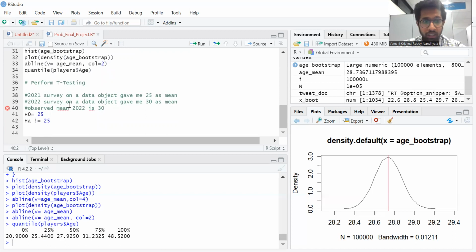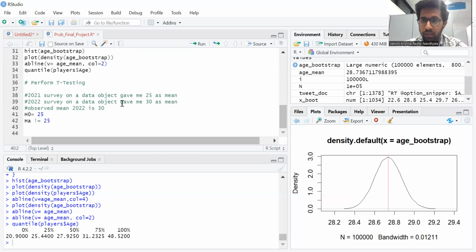If we reject our null hypothesis, we accept our alternative hypothesis that HA is not equal to 25, so our observed mean is going to be the correct mean.